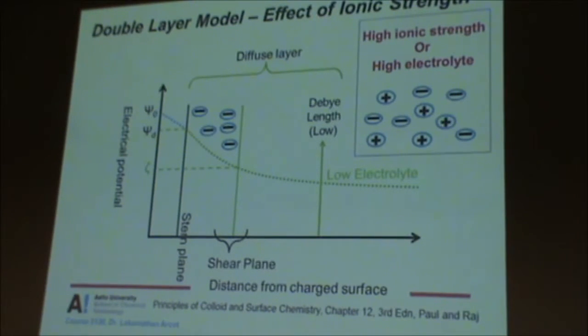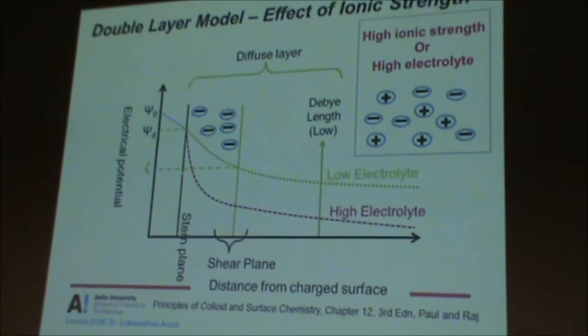As I told you before, this fall is due to the attenuation of the electric field by counter ions. Now you're increasing the number of counter ions here. So what do you expect will happen to the rate at which this falls? It will fall more rapidly, right?